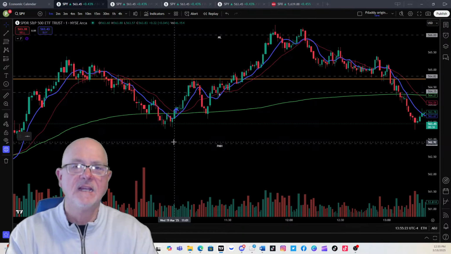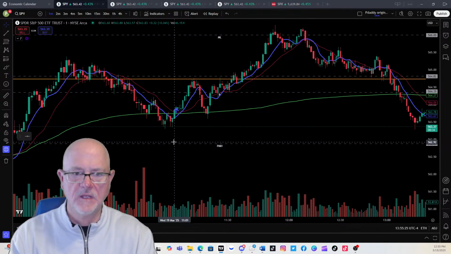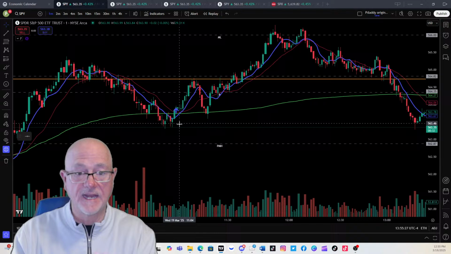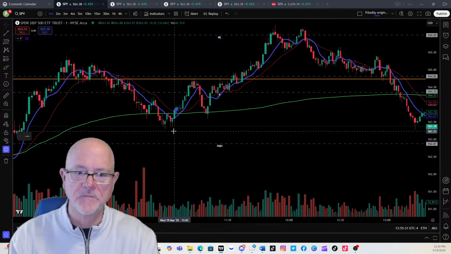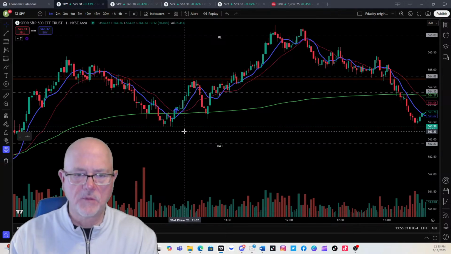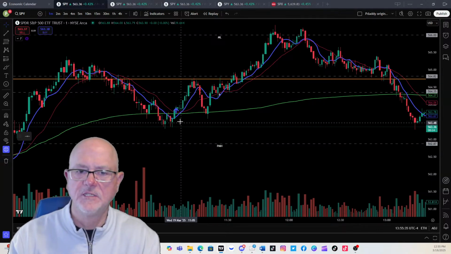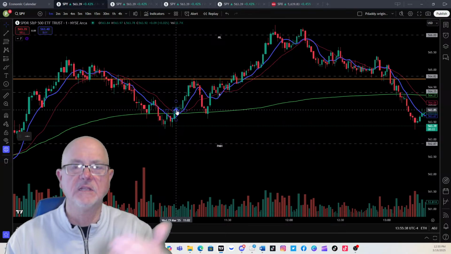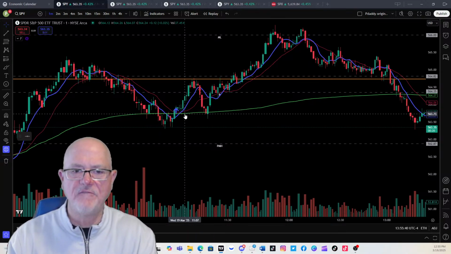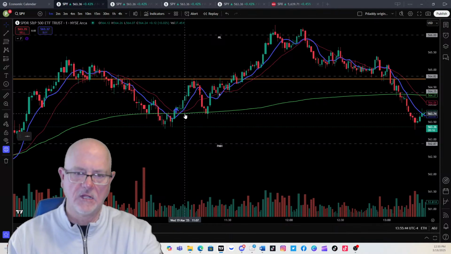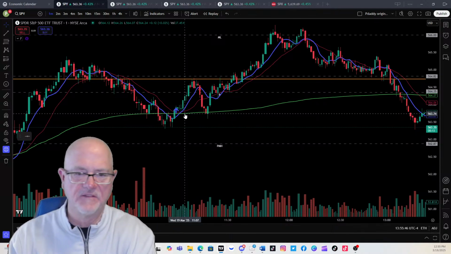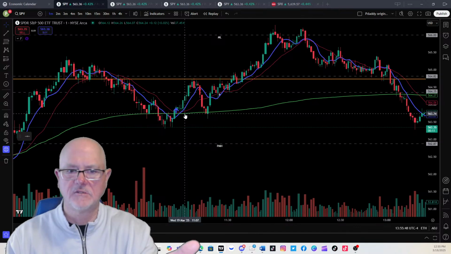A double cross to the upside at a major level gives you 3 different levels of risk. When you double cross to the upside, open below the 9 and close above the 20. Number 1, your risk is your 20, which is a very low level of risk. Number 2, you have VWAP. If the play turns around and closes below 20, and you're very conservative, that's where you close out the trade.